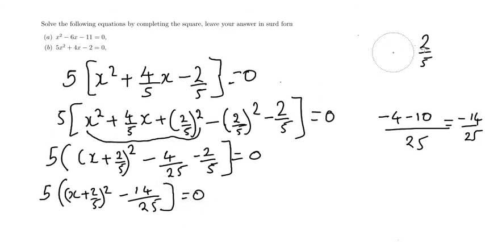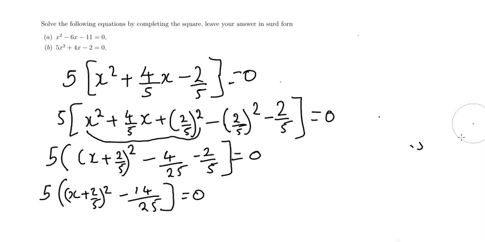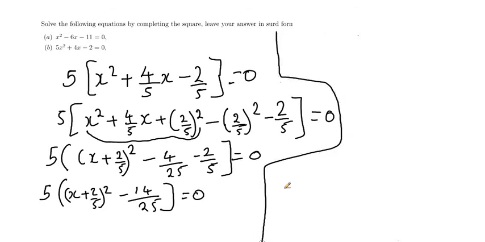Let's rub this part so that we can have some space. So the next thing we're going to do now is we need to bring back the 5 that we had put out.